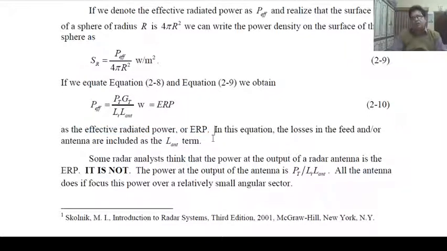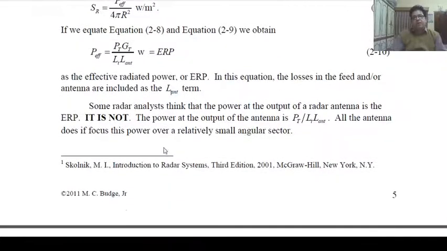In this equation, the losses in the feed and/or antenna are included as the L_antenna term. Some radar analysts think that the power at the output of a radar antenna is the ERP. It is not. Again, consider this point, try to understand it.